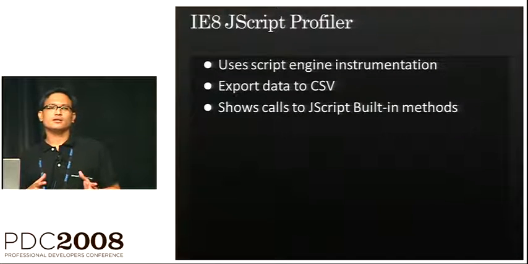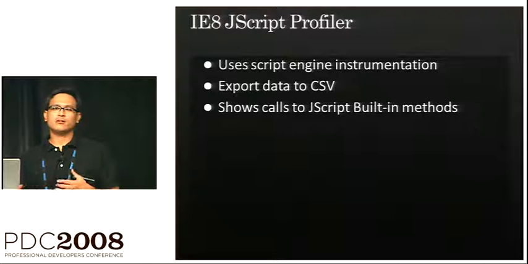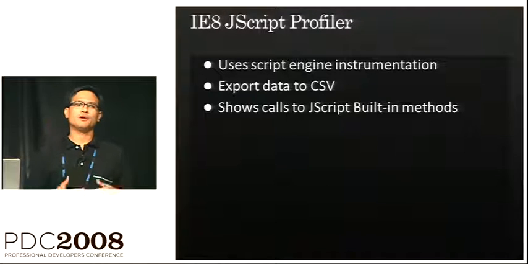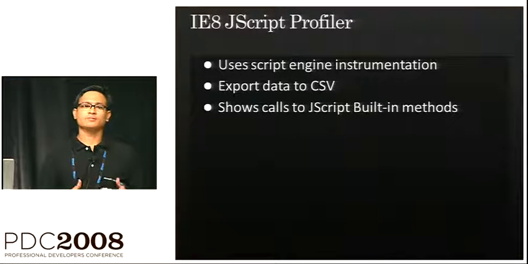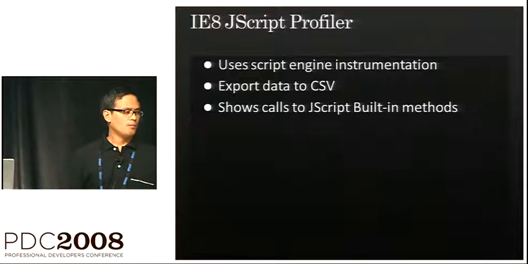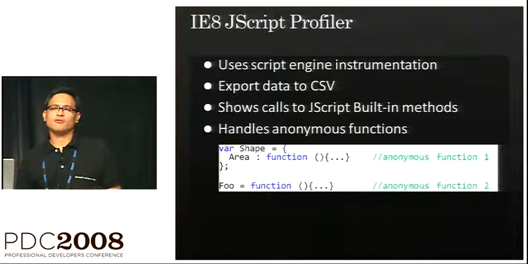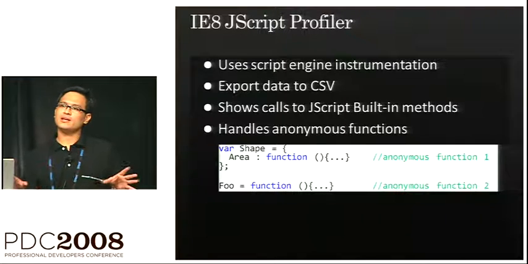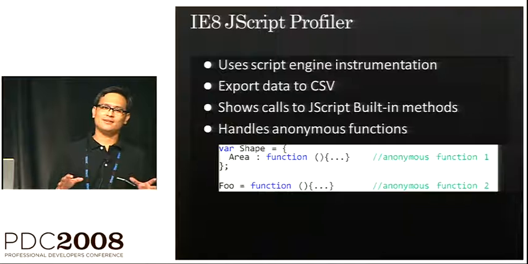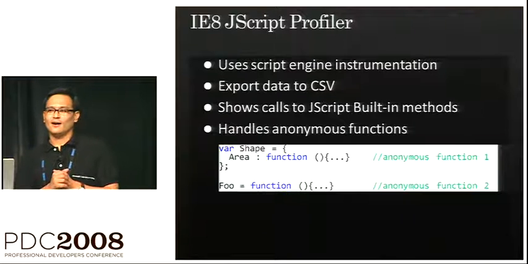It shows the calls being made to JScript built-in methods, which may be called implicitly or explicitly. And most importantly, when we started building the profiler, what we found was that the world of JavaScript is literally littered with anonymous functions.